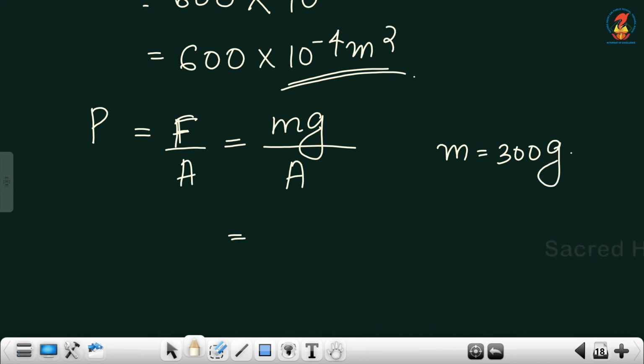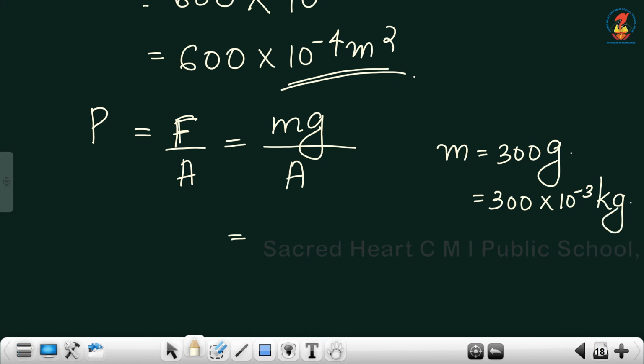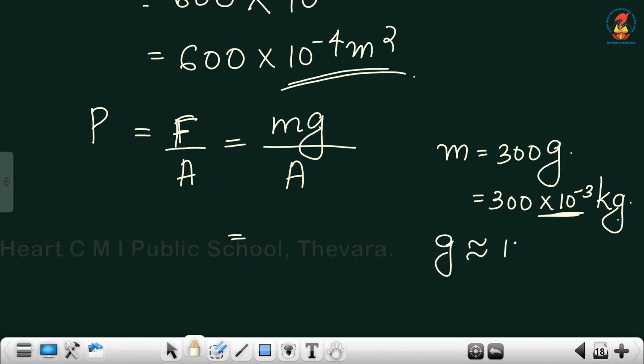To convert gram into kilogram, multiply with 10 raised to minus 3. Again, take acceleration due to gravity as approximately 10 meter per second square for easier calculation.